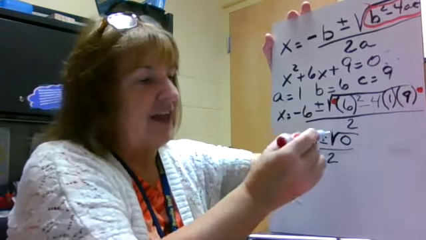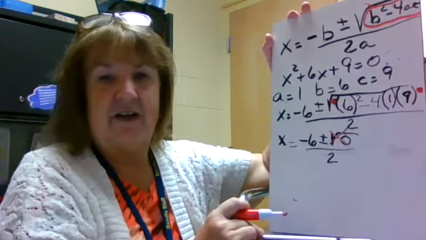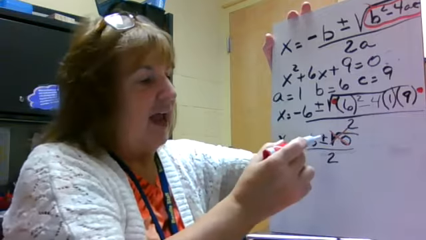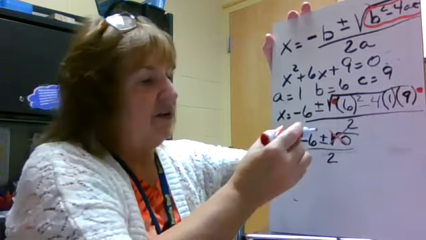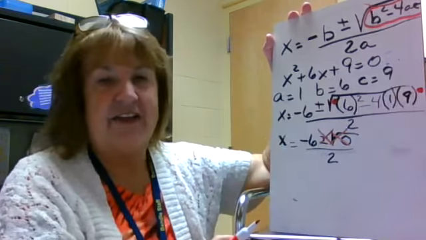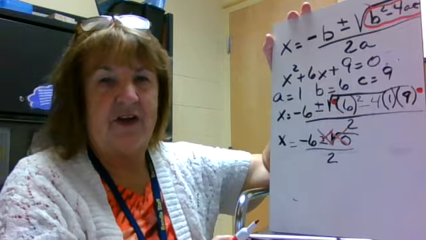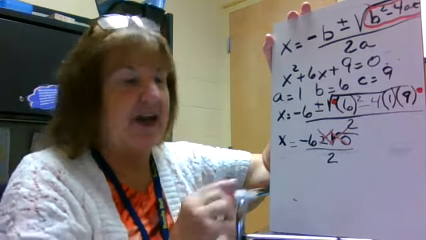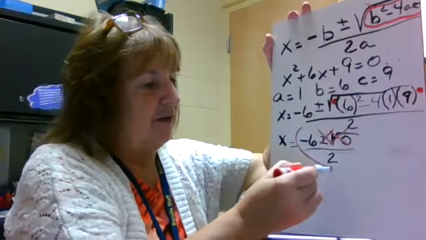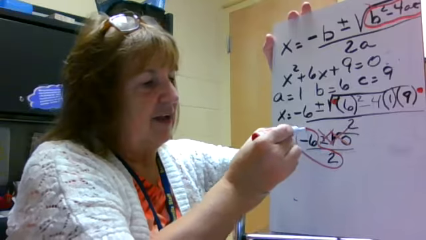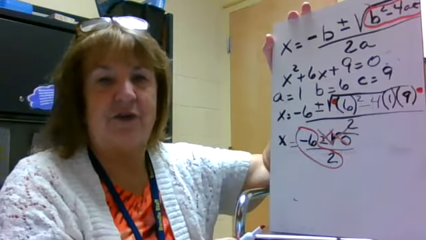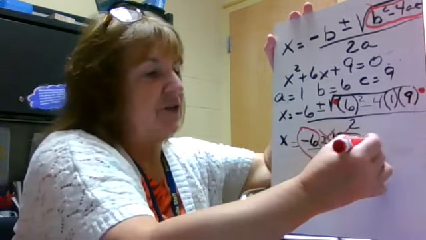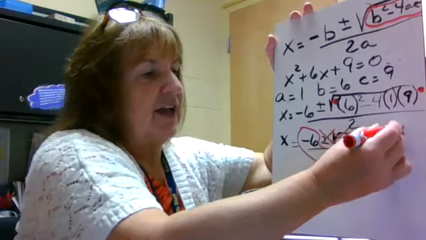So I don't even need that in the problem. Adding and subtracting 0 doesn't change anything. So that's not in the problem. So what you have left is that one answer you were supposed to have. Negative 6 over 2. Well, negative 6 over 2 is negative 3.